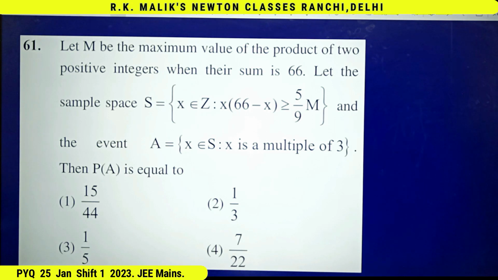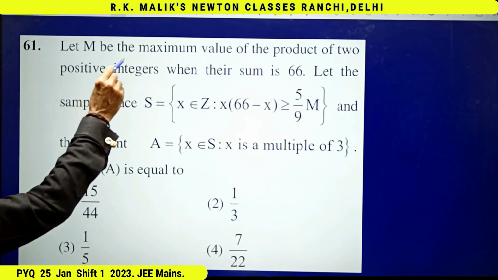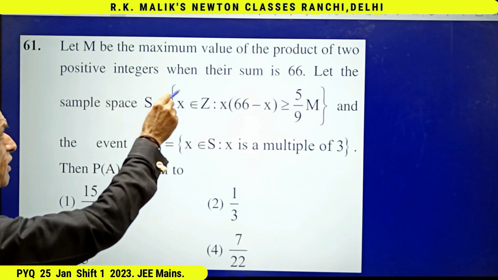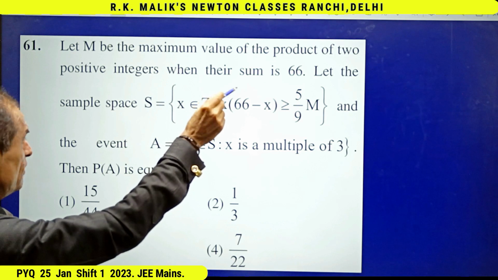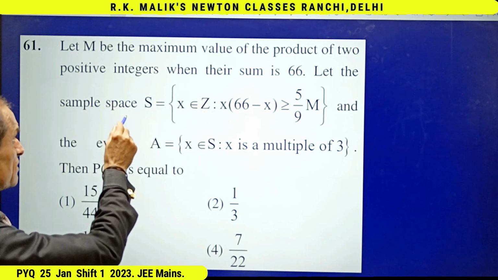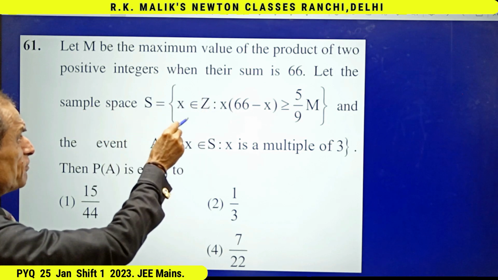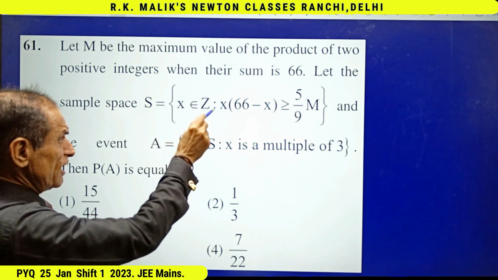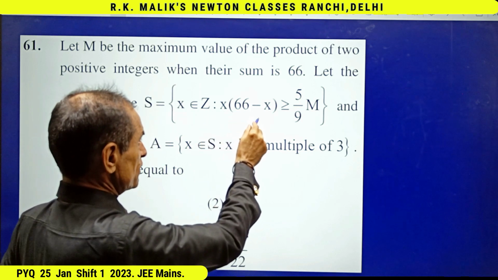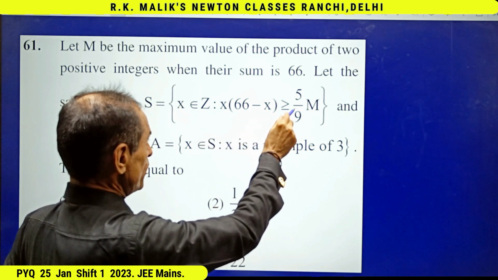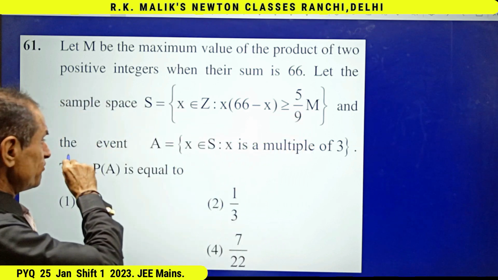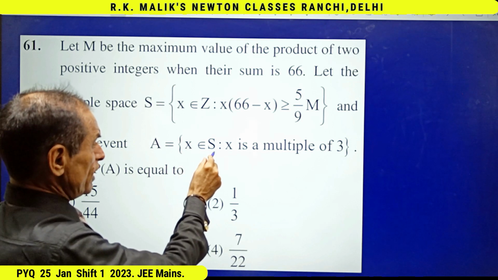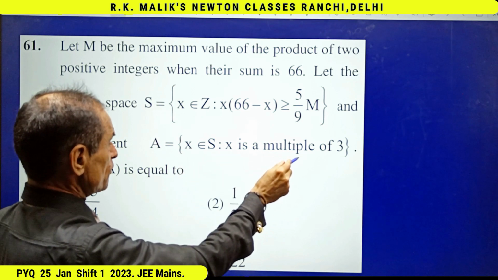In this question, it is given that let capital M be the maximum value of product of two positive integers when their sum is 66. Let the sample space S be the set of elements x where x belongs to Z, that is, the set of integers, and x(66 minus x) is greater than or equal to 5/9 M, and the event A is x belongs to S and x is a multiple of 3.